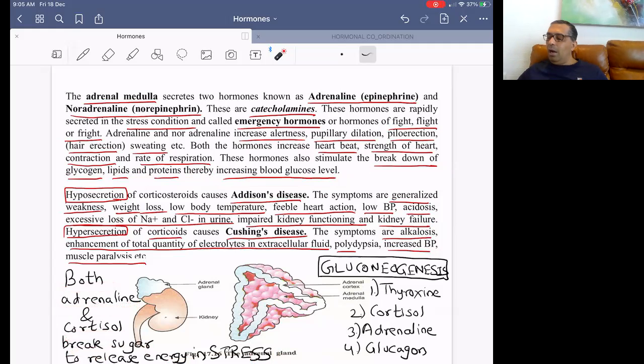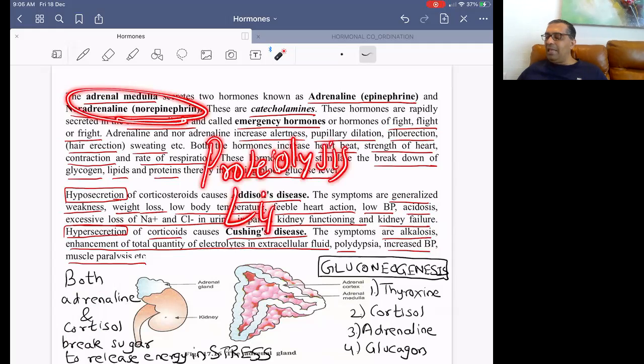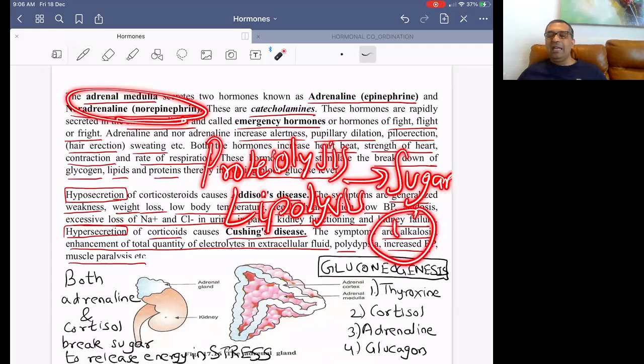By the way, lipids and proteins get converted into glucose by adrenaline. So adrenaline converts proteins, that is proteolysis, and lipids, that is lipolysis, into sugar, and that sugar will undergo Krebs cycle, etc., to produce ATP.